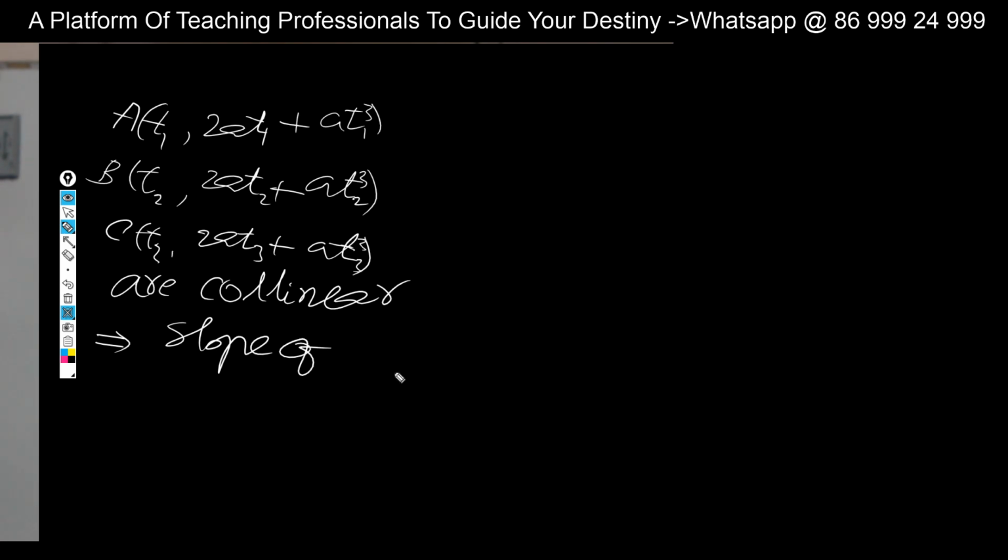So, collinear given implies slope of AB is equal to slope of BC.